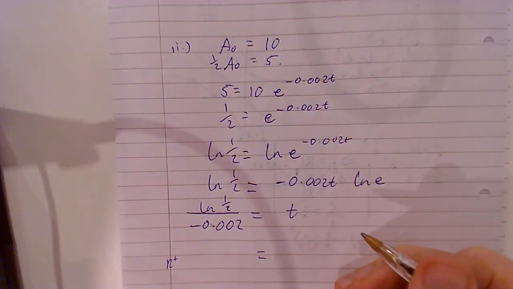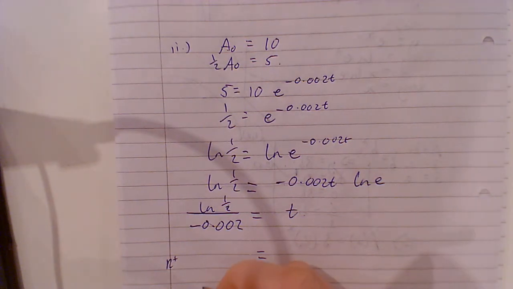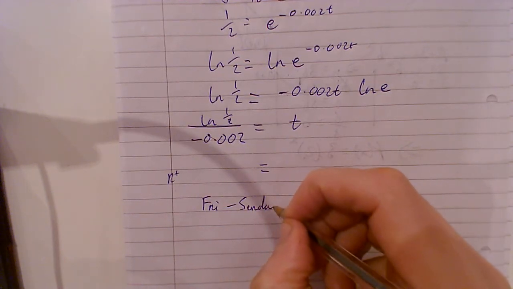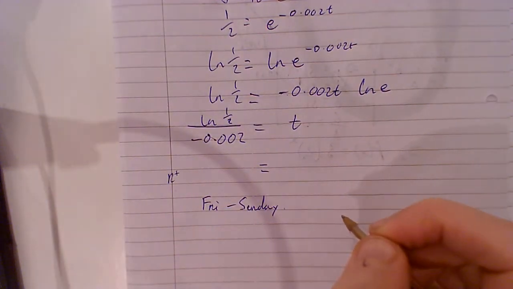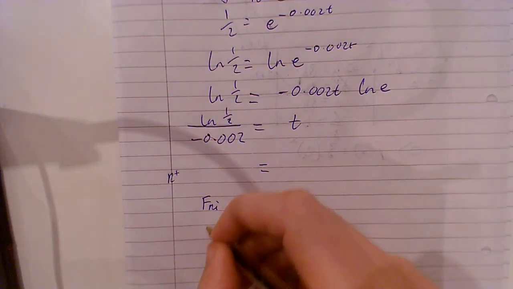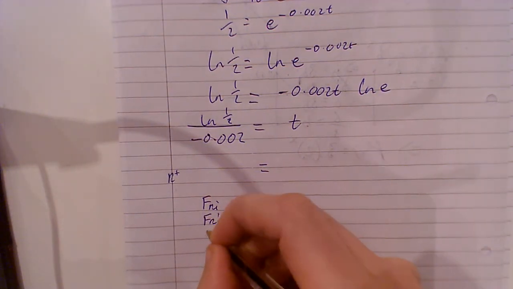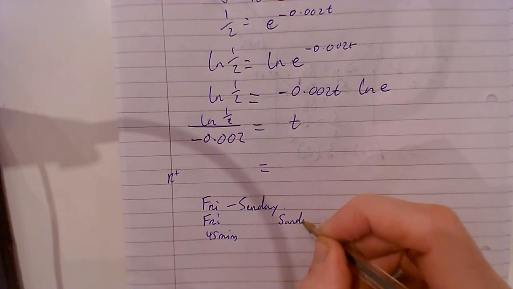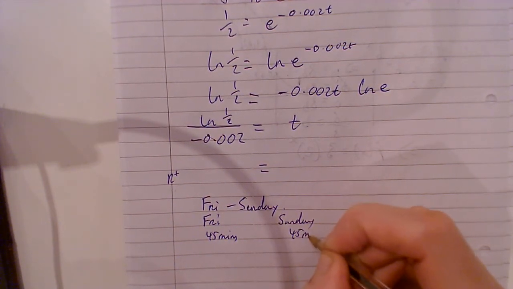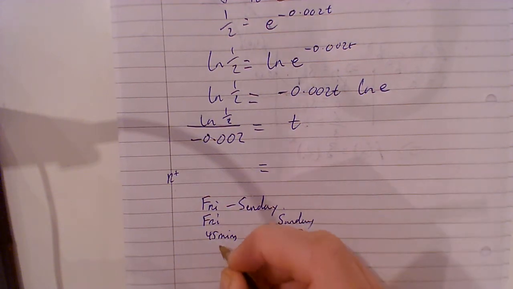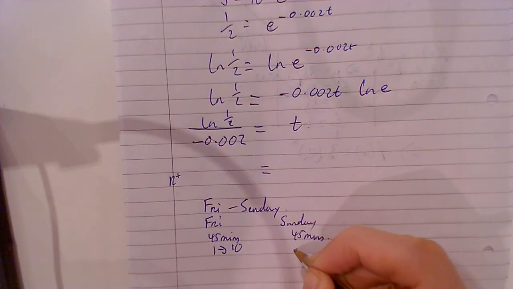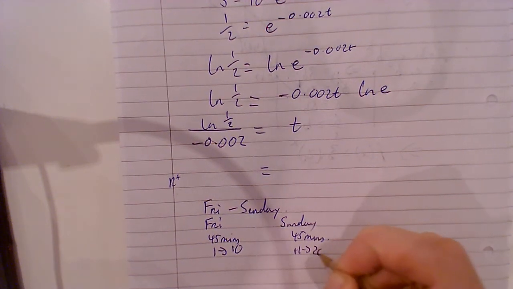Homework that I'm going to get you to do: Friday to Sunday, 2 days of work. I just want you to do 45 minutes on Friday and 45 minutes on Sunday, something along the lines of maybe questions 1 to 10 and then 11 to 20.